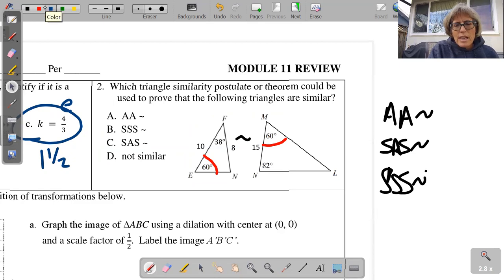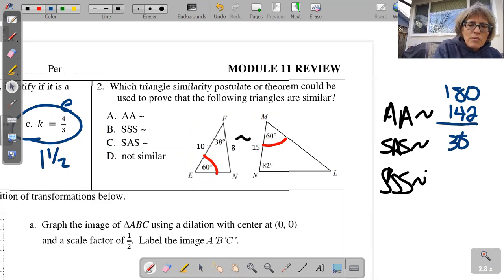Let's check. 60 and 82 is 142, away from 180. That's going to get us 38. That means if this is 38, this is also 38. So I have 2 congruent angles here, and the similarity therefore is angle-angle similarity.